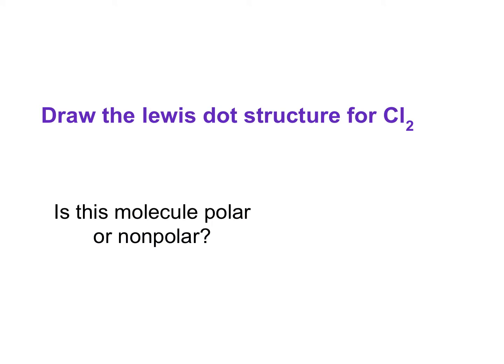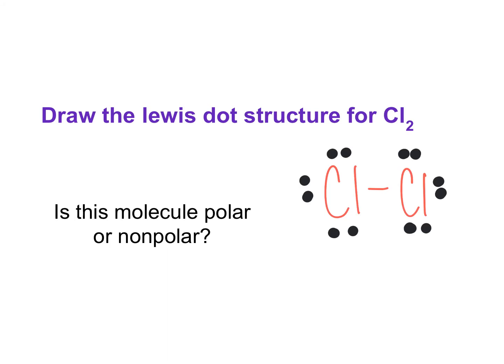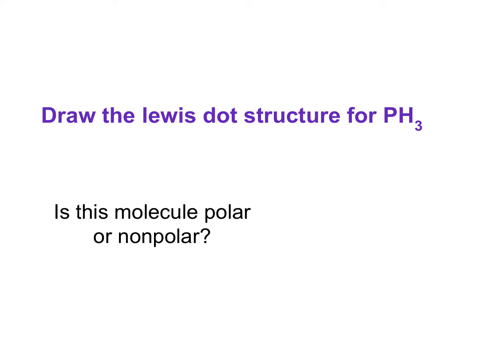Go ahead, pause the video, and draw the Lewis dot structure for Cl2. If this is my Lewis dot structure, is this molecule polar or nonpolar? If I draw that line right down the middle, things look the same on both sides, so this is going to be a nonpolar molecule. Now go ahead, pause the video, and draw the Lewis structure for phosphorus trihydride.